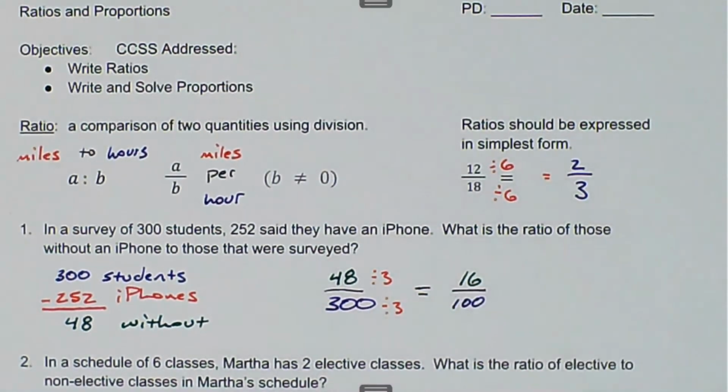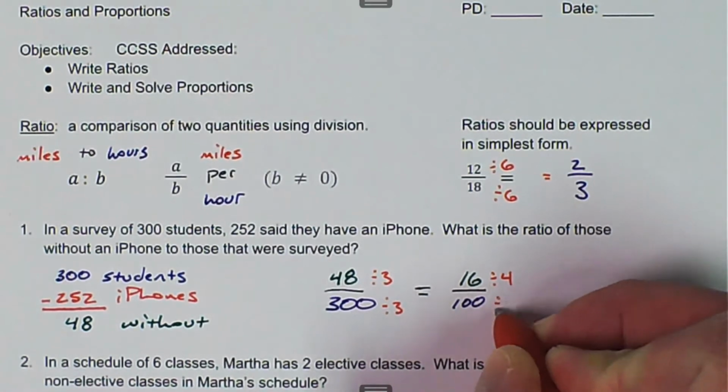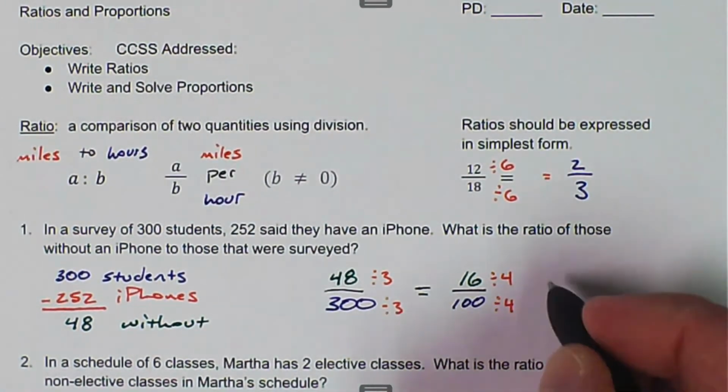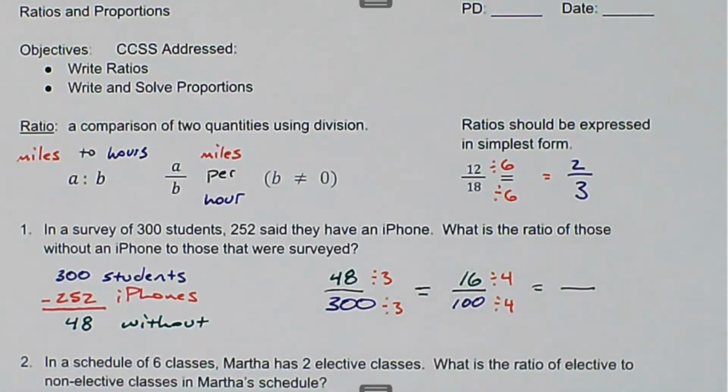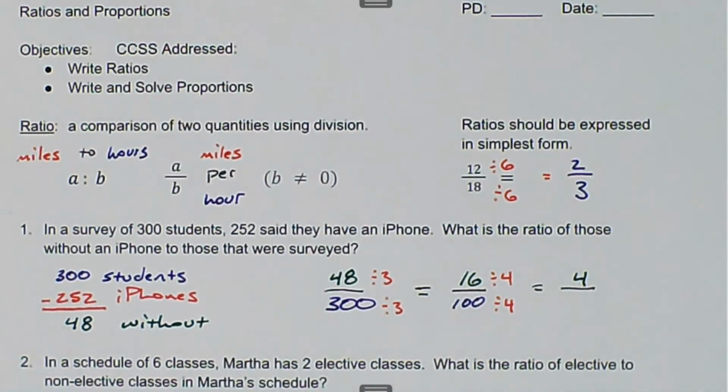Now these are still both divisible. They have a common factor. In this case, our common factor is 4. So we can divide them both by 4. 16 divided by 4 is 4, and 100 divided by 4 is 25.